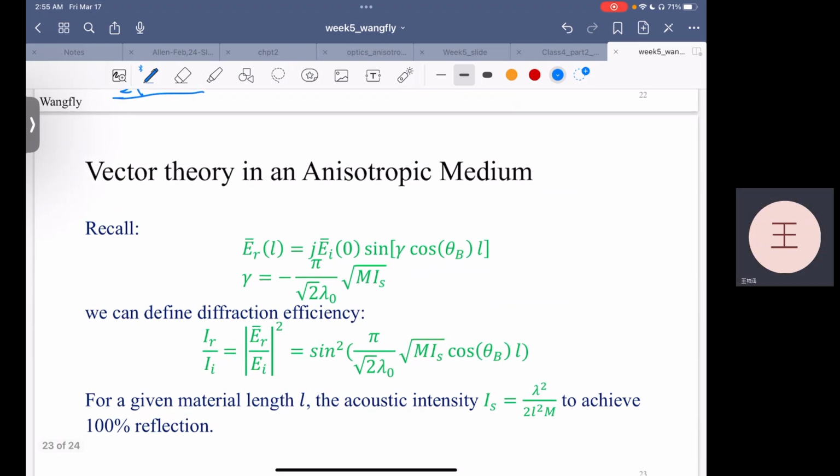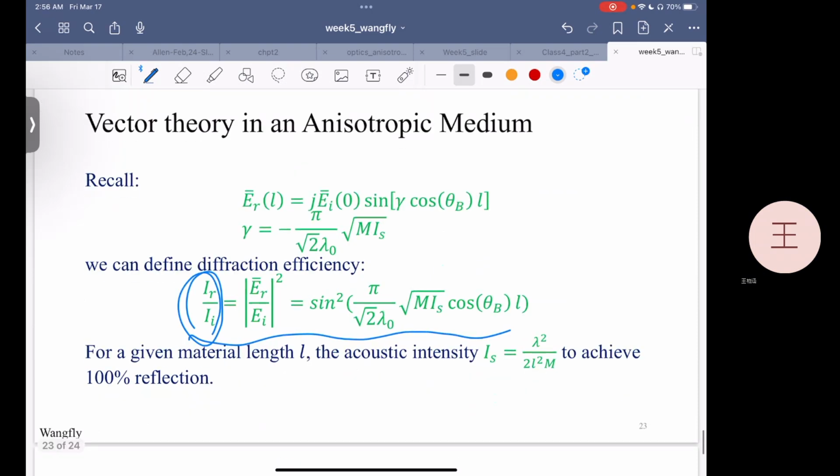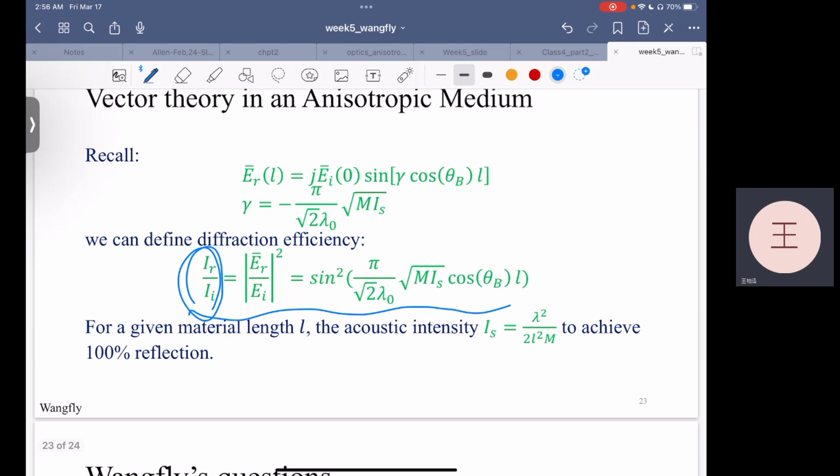So with the electric field solved, we can now define the diffraction efficiency. It's reasonable to divide the intensity of the reflected wave over the intensity of the incident wave. Thus, we have the following relationship. And if L is given, then we need the acoustic intensity to be this far to achieve 100% reflection.